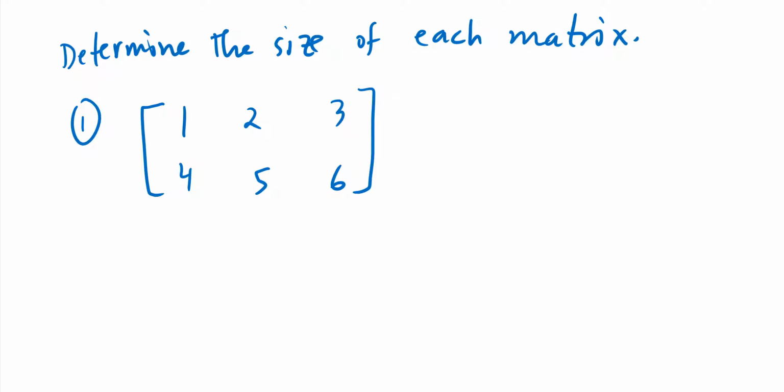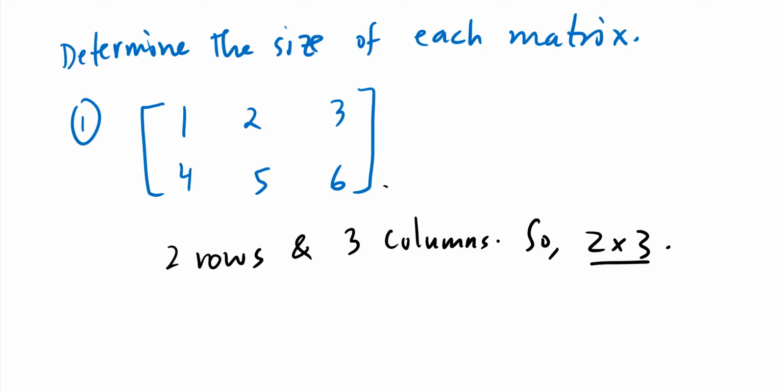How many rows does this matrix have? 2 rows and 3 columns. So we say it's a 2 by 3 matrix. This is the dimension. You don't have to write 6. It's not multiplying. We just write 2 by 3.